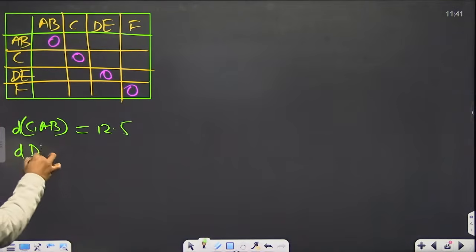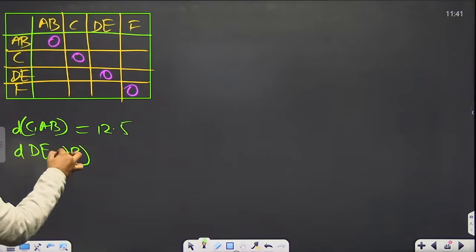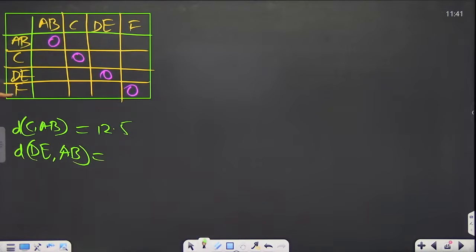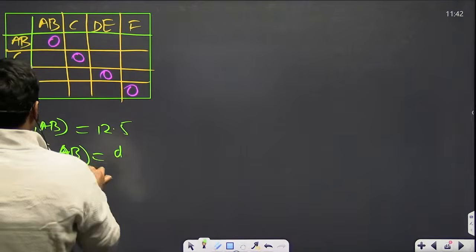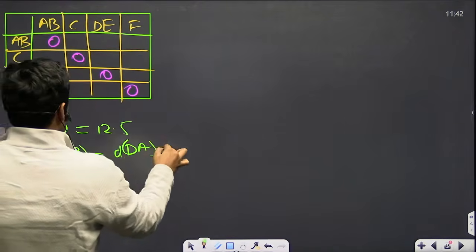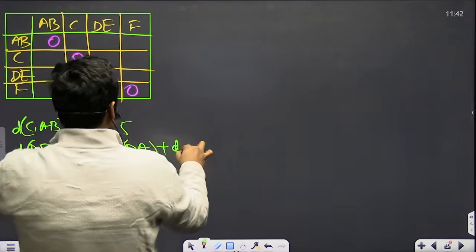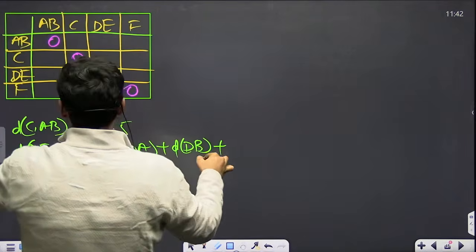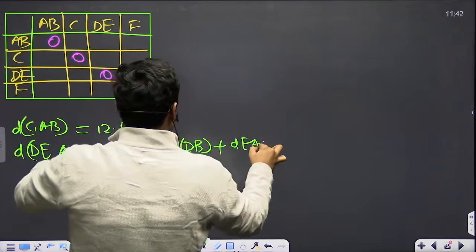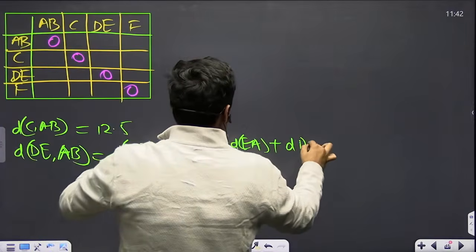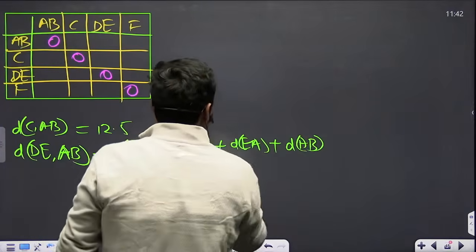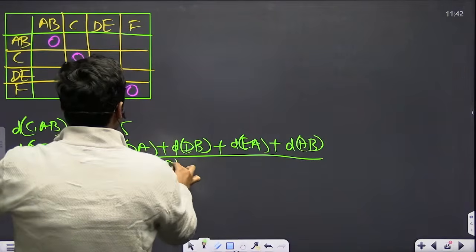Then DE and AB. See, distance of DE from AB, see how to do this. We can do this by calculating distance of DA plus DB, then EA plus EB, this upon the number of elements in DE and AB.